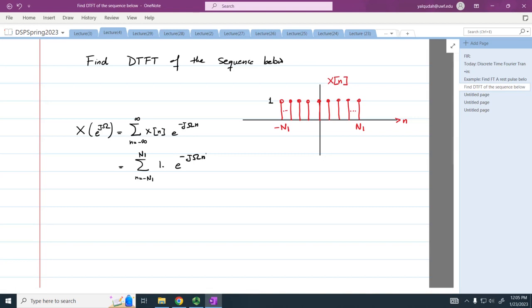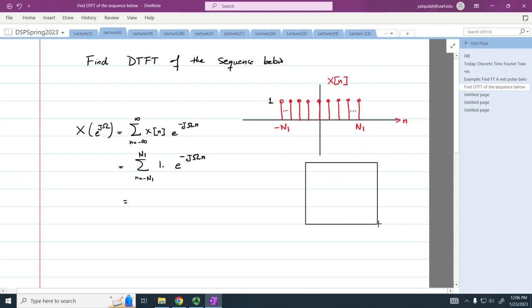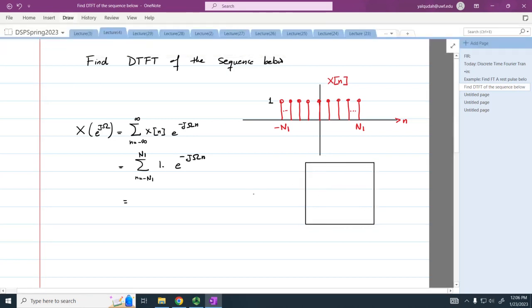But this expression is not very useful, isn't it? So we're going to try to massage it to see if we can get some meaning out of it. I'm going to go to my summation tables, and my summation tables tell me that the summation from n1 to n2 of a to the k equals a to the n1 minus a to the n2 plus 1, divided by 1 minus a.